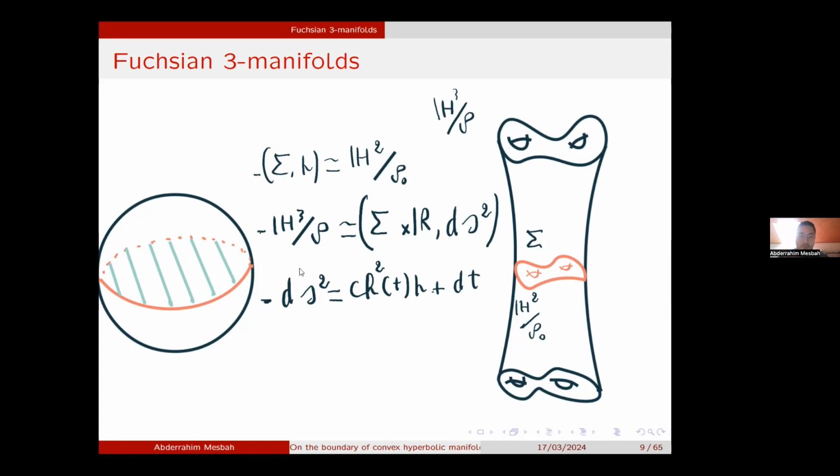And in function of this metric, we know the metric of the three-dimensional manifold.